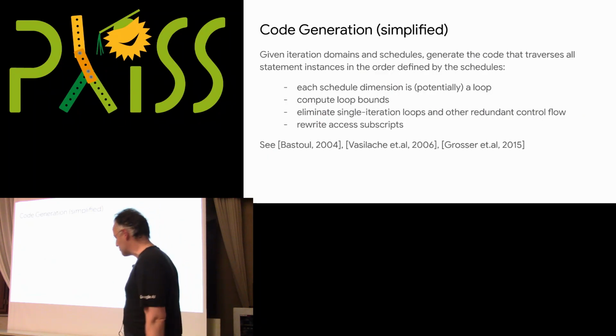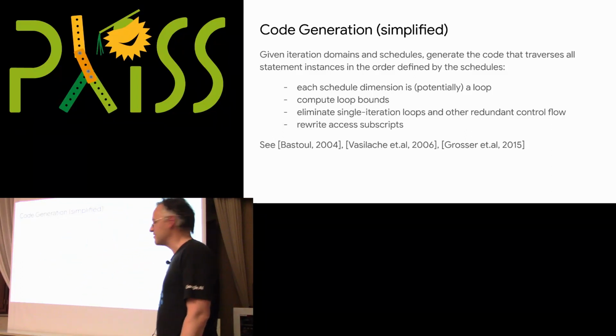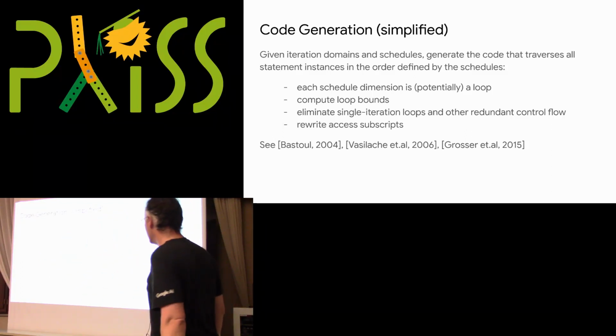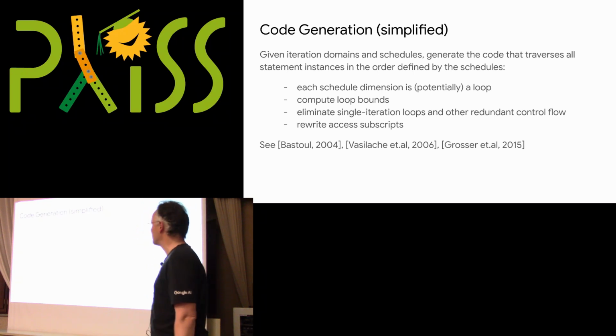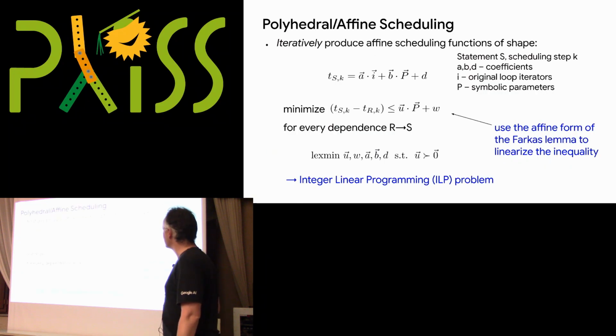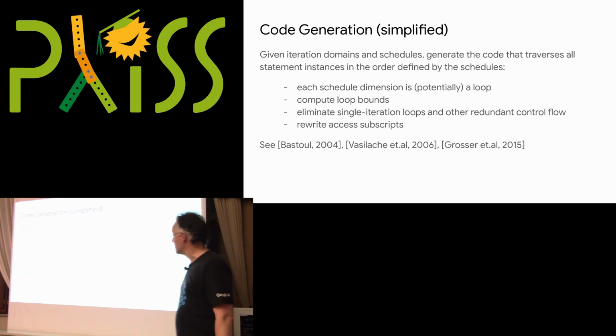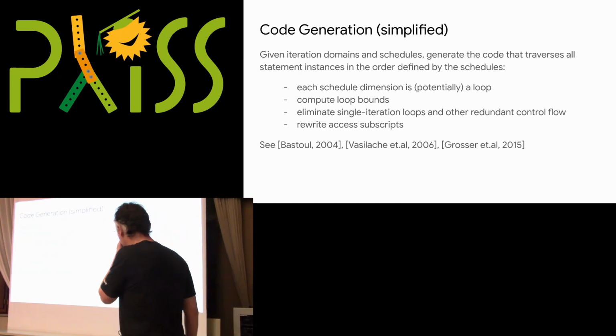And then there are a few problems to be solved. So you're almost done, but not quite. Geometry is great, linear optimization is great, but at some point you want to run code. So you have to generate loop nests again. It's fun to reason about these functions, but at some point you want to actually iterate on i, j, k, and access memory efficiently. That's called AST generation or code generation in the Polyhedral framework.